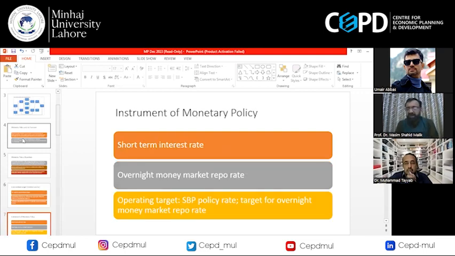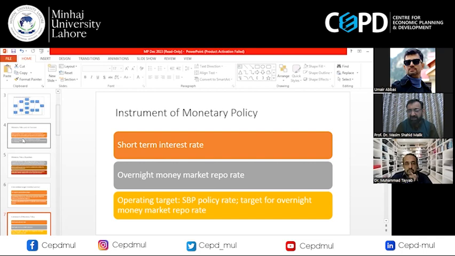Now, the instrument of monetary policy in Pakistan. There are two types of instruments, monetary aggregate or short-term interest rate. In case of Pakistan, the monetary policy instrument is short-term interest rate. To be precise, the short-term interest rate being used by the Central Bank of Pakistan as instrument of monetary policy is the overnight money market repo rate.